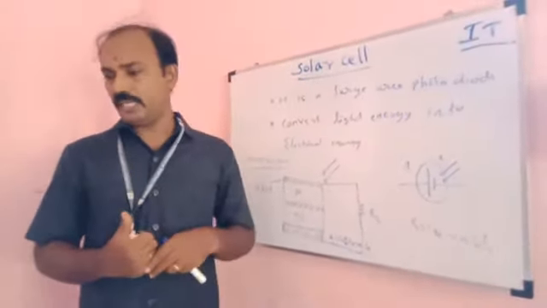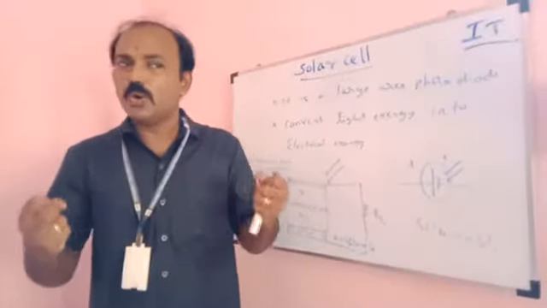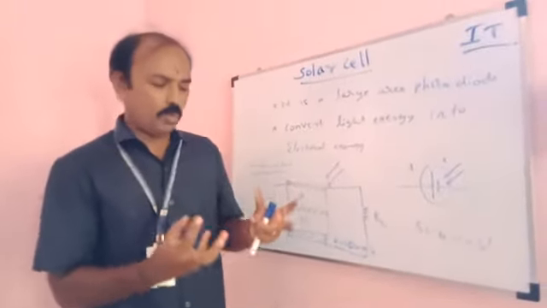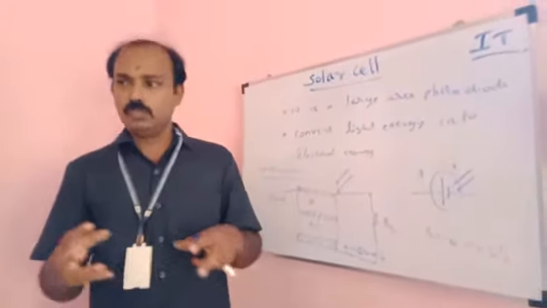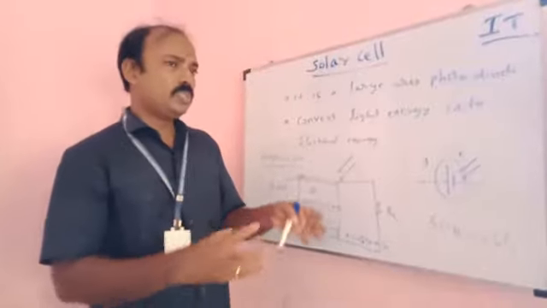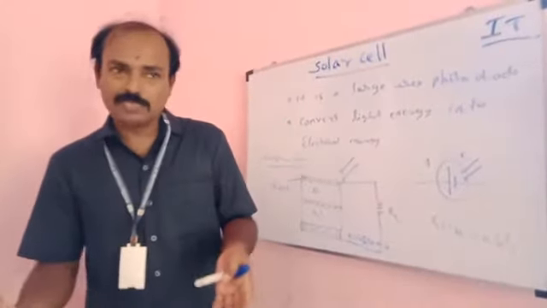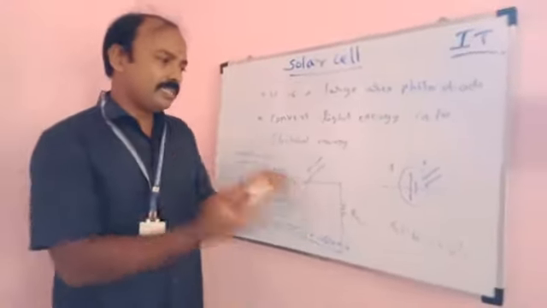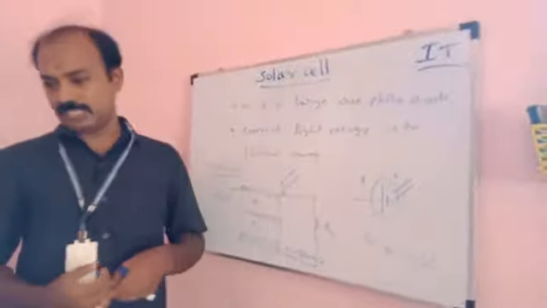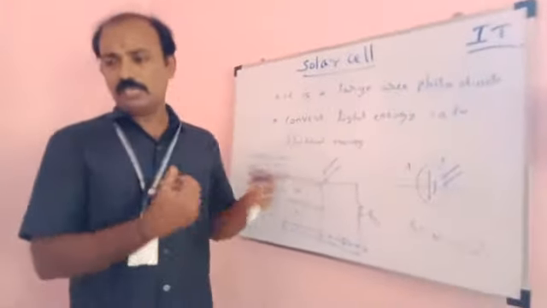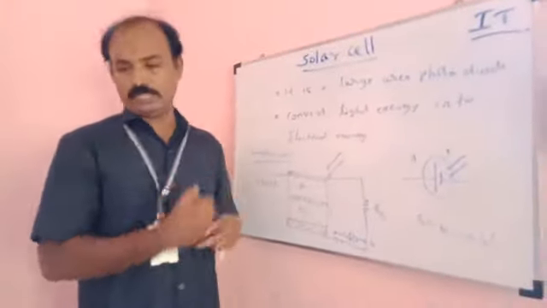That is the main advantage. The second one is it is eco-friendly. There is no fire, there is no waste, no gases like carbon dioxide come out during the working of the solar cell. So it is an eco-friendly device.